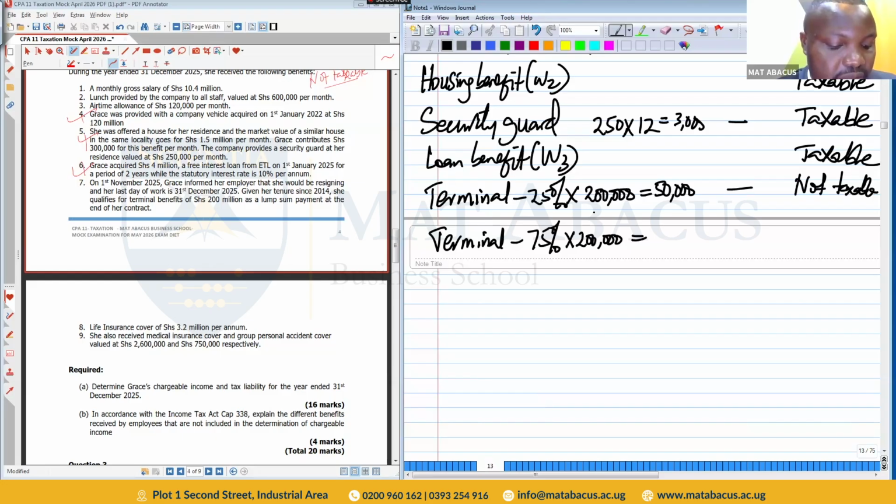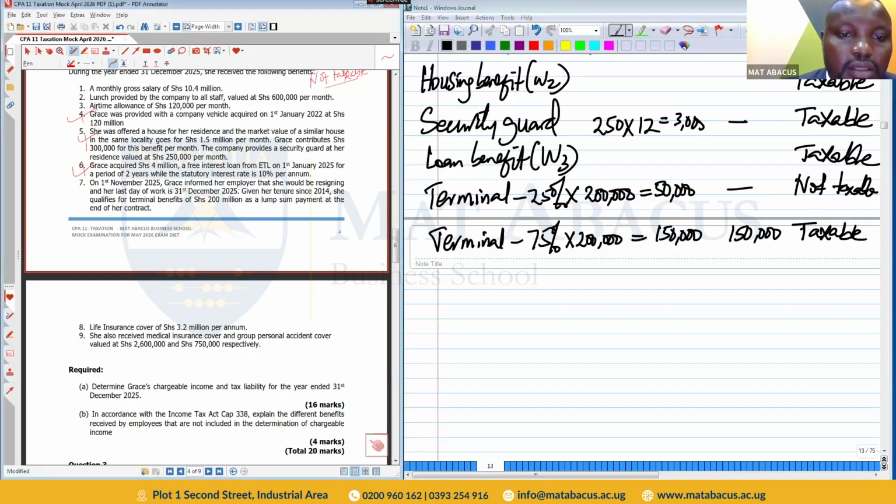We shall get 75% times 200,000. When you multiply that, you get 150,000. So the 150,000 will be taxable.